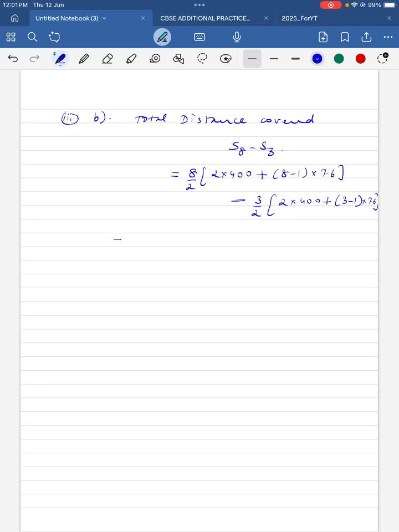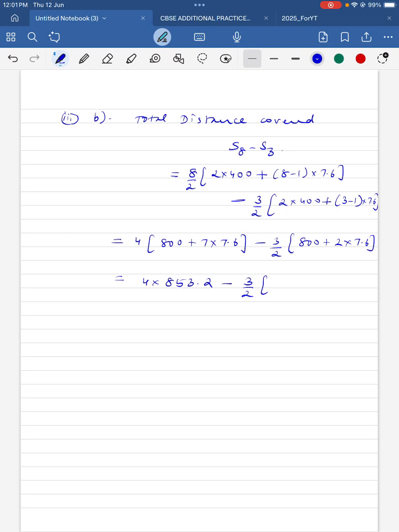So that's going to be 4 into 800 plus 7 times 7.6, minus 3 by 2 into 800 plus 2 times 7.6. Now 7 times 7.6 is 53.2. So 4 times 853.2 minus 3 by 2 into 2 times 7.6, which is equal to 15.2.